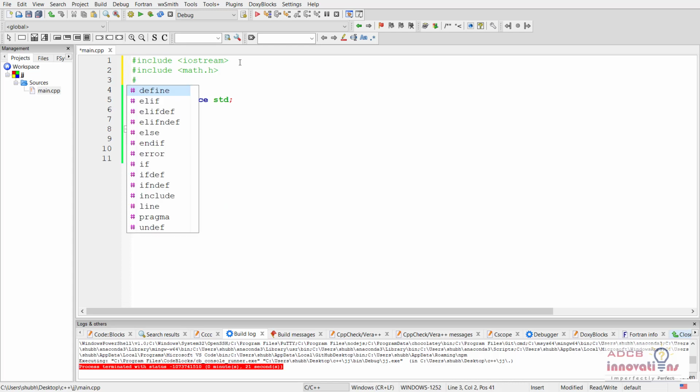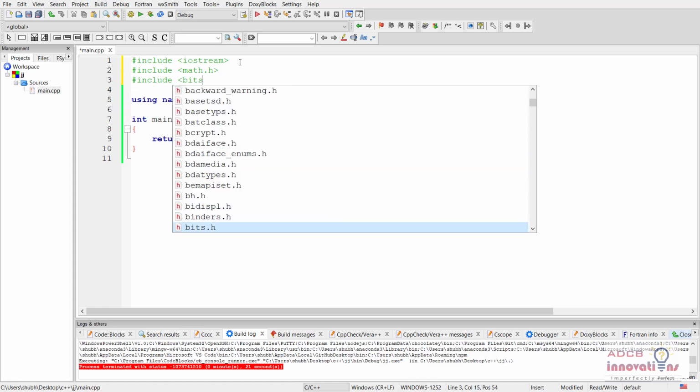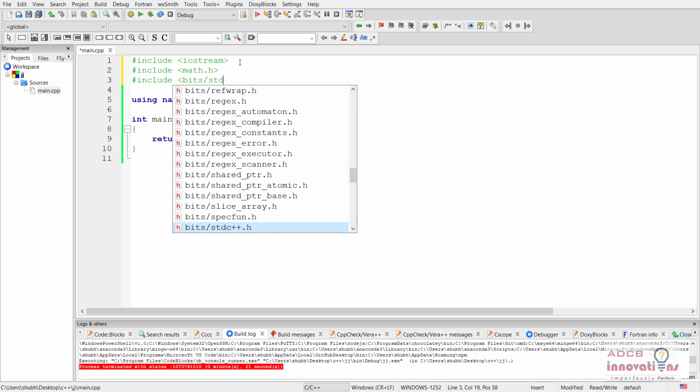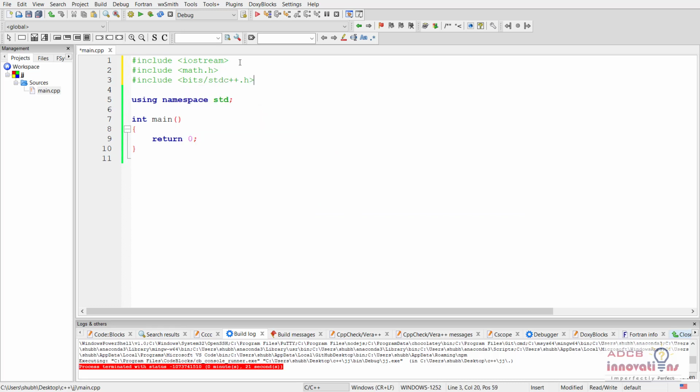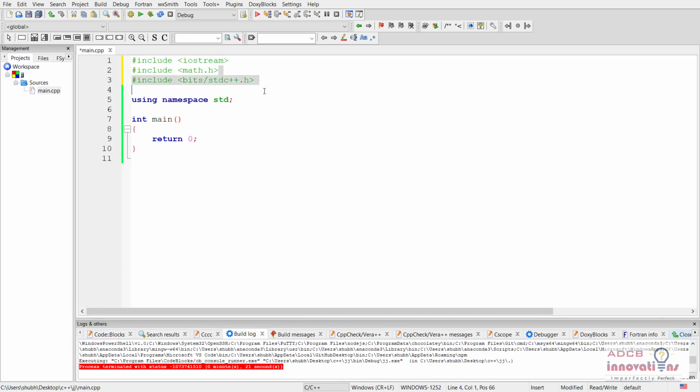Besides that we are going to use another header file, that is bits/stdc++.h. These are basically used for the formulas which we are going to enter and the mathematical operations, so that our program will be able to interpret them. So for that we need to include these header files. Let us start making the program.